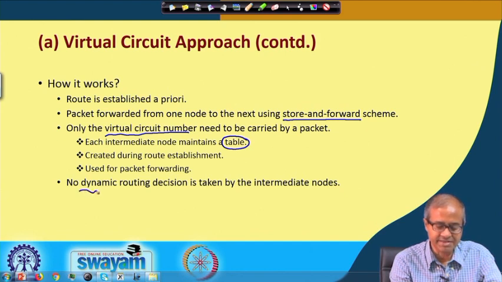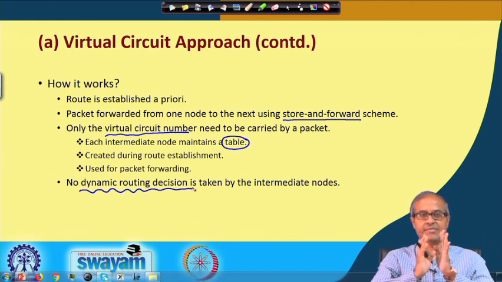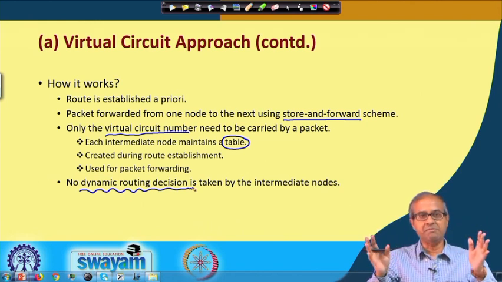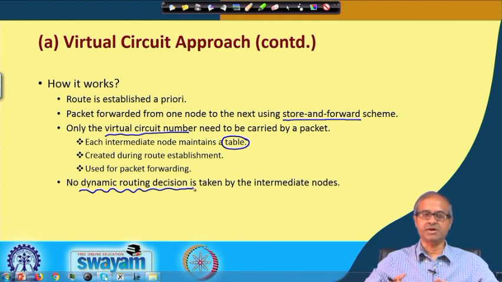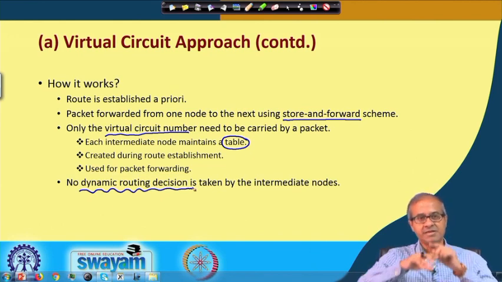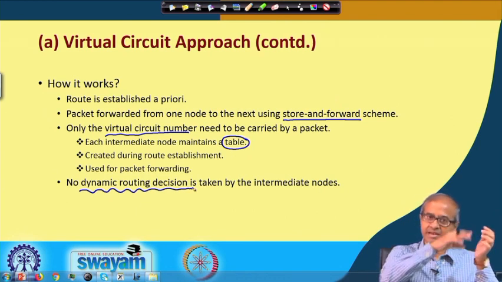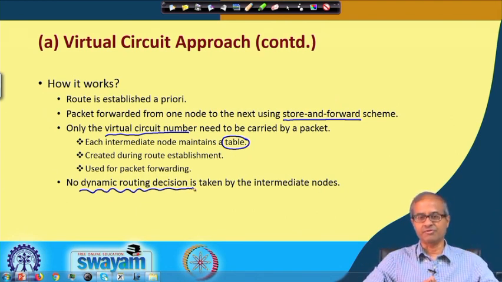And the important thing is, no dynamic routing decision is taken here. Once you establish the connection at the beginning, all the packets for a particular virtual circuit will follow that same path. Even if some of the links are very loaded and have become slow, still that same path will be followed. Okay.